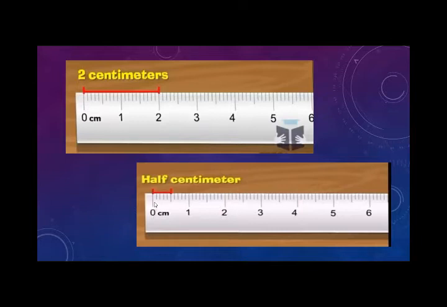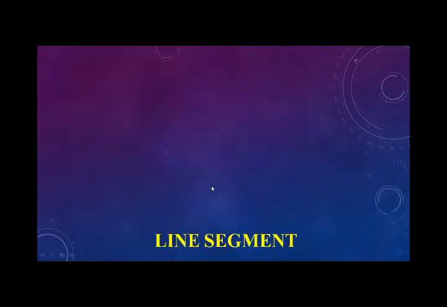After the bigger line, where this red line ends, up to 5, starting from here, 1, 2, 3, 4, 5. So this is written in point form, 0.5. If the line ends till here, then 0.8. If the line ends till 1, then 1 centimeter. Is that clear? Any confusion, any difficulty, any misunderstanding, you will ask me after the lesson ends in the chat box. Now I'm moving further.